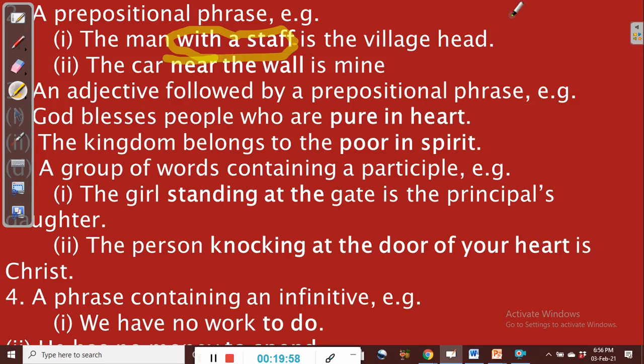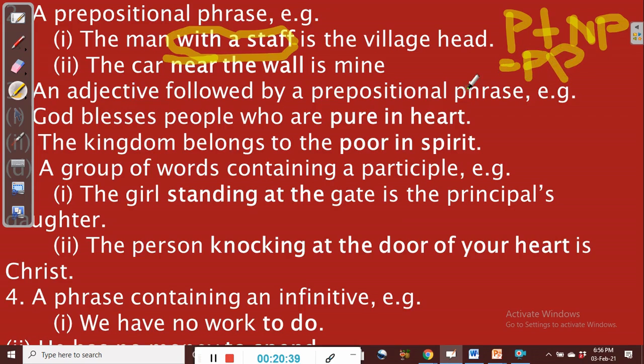Whenever you find a prepositional phrase, you discover that it has the structure P plus NP, either P plus N or P plus NP. P is a preposition, and "with" is a preposition. NP is a noun phrase, and "a staff" is a noun phrase. So when you put a preposition together with a noun phrase, you have a prepositional phrase, PP.